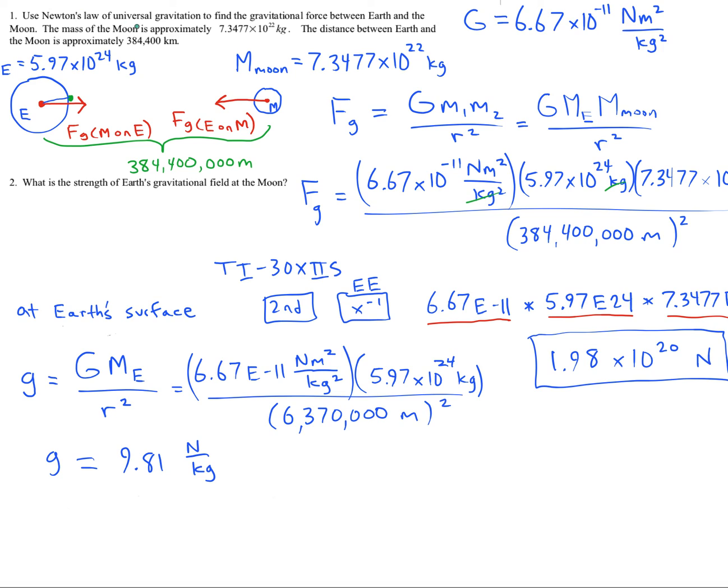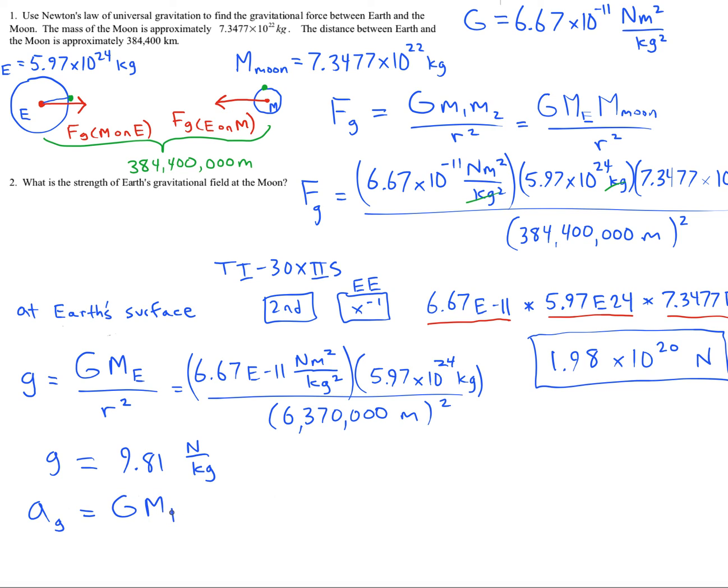But now let's go way out to the Moon. How strong is the field of gravity out there? Now, keep in mind, we're doing this based on Earth's mass, not the Moon. The Moon will actually create its own gravitational field. We want to see how strong the field is due to the Earth. So for that, let's use Newton's formula.